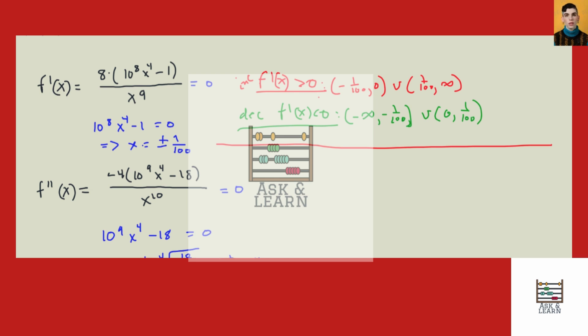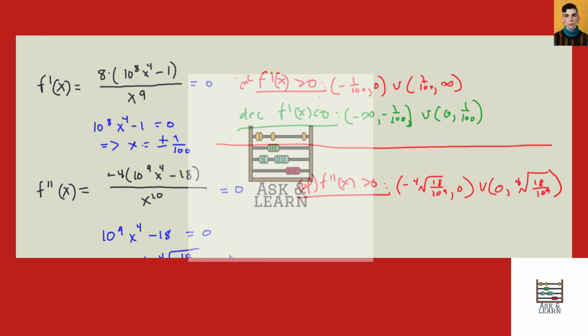And now using this, we can go ahead and solve for this inequality of f double prime being strictly larger than 0, or the function being concave up. And I went ahead and did that already, giving us negative fourth root of 18/10^9 to 0, unioned with 0 to the fourth root of 18/10^9.